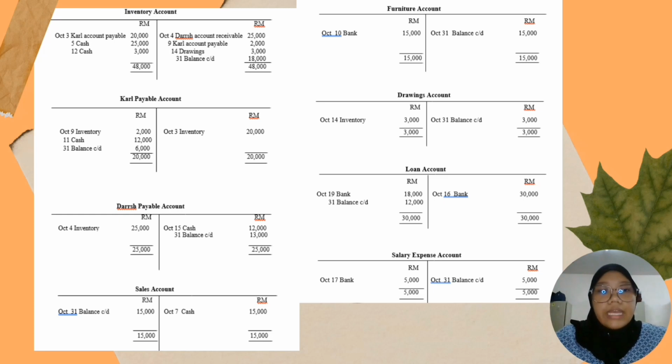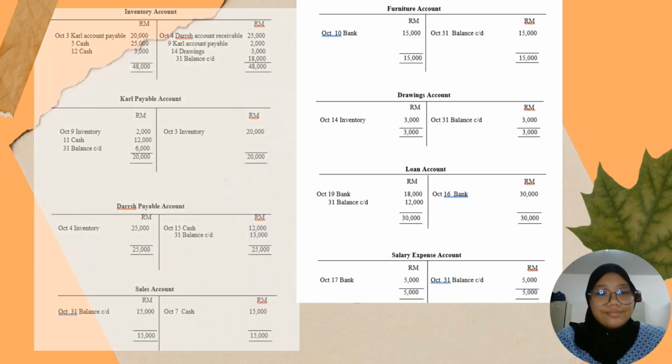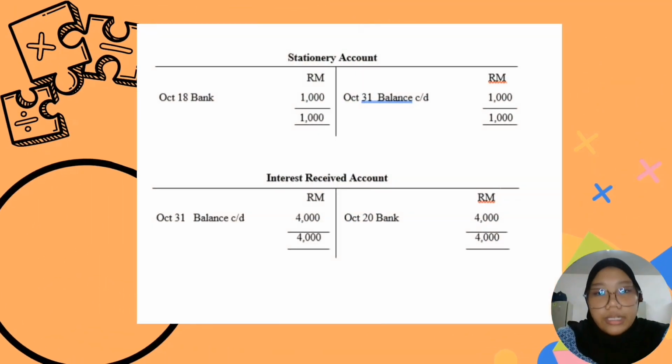On the debit side there is bank of 5,000 ringgit Malaysia, and on 31st October balance c/d of 5,000 ringgit Malaysia. Dictionary account. On 18 October, bank has 1,000 ringgit Malaysia on the debit side, and on 31st October balance c/d of RM 1,000.